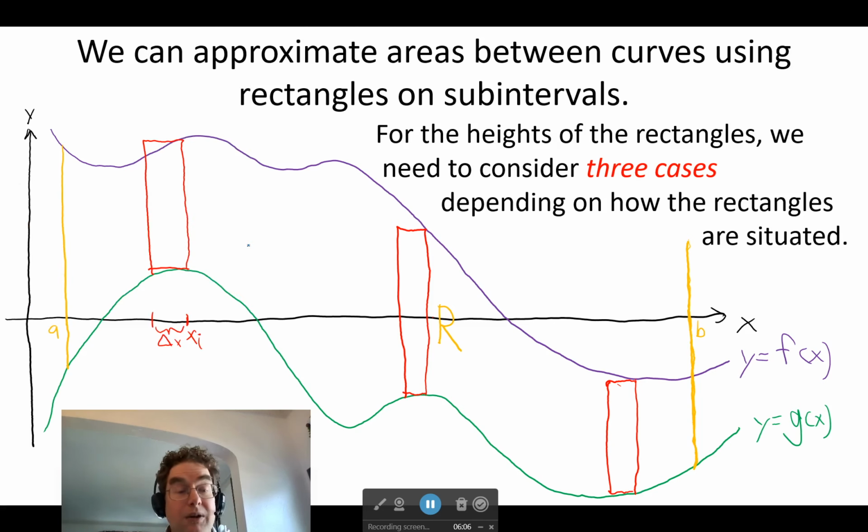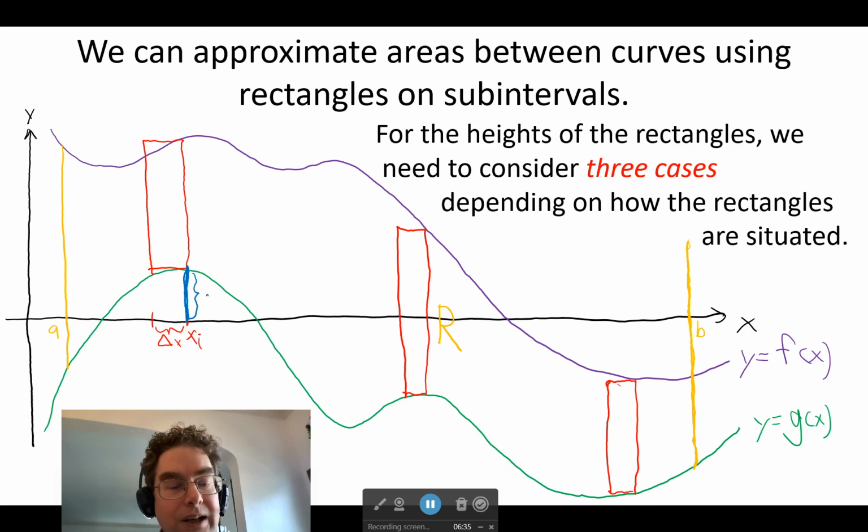Okay, so what we see, if we want to describe the area of, or the height of our first rectangle, we have our height going between the green and the purple. Now the height up to where our rectangle begins, that is going to be the y coordinate on the graph of g.